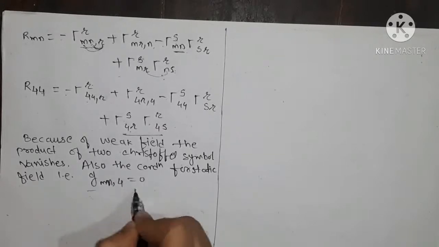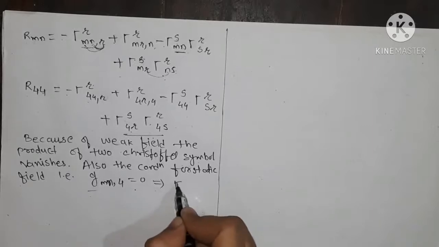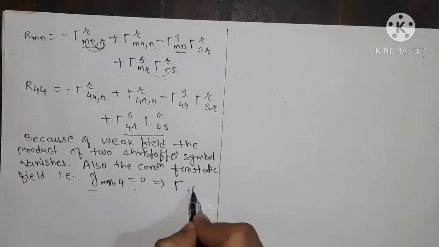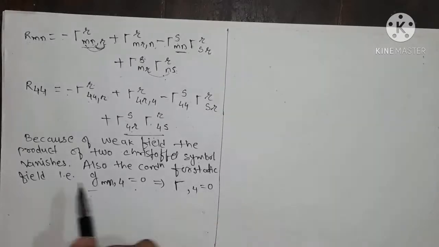This implies that the Christoffel symbol of the second kind comma 4 is also 0. So we use this condition.